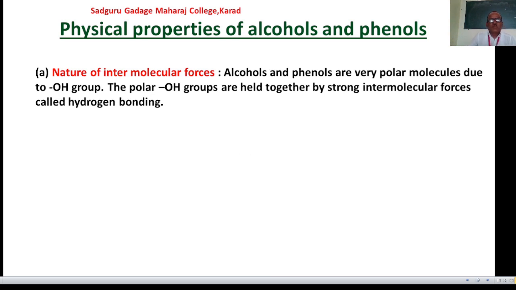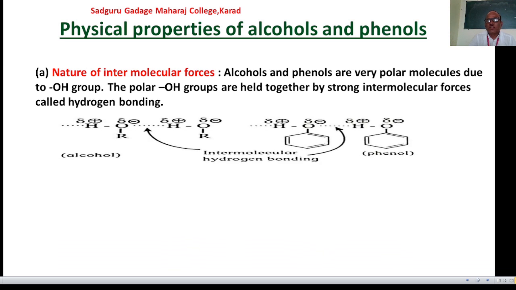Intermolecular forces means the force of attraction between 2 molecules. Alcohols and phenols have polar molecules due to the presence of the OH group, the hydroxyl group. And these polar OH groups are held together by strong intermolecular forces, and this is called hydrogen bonding.